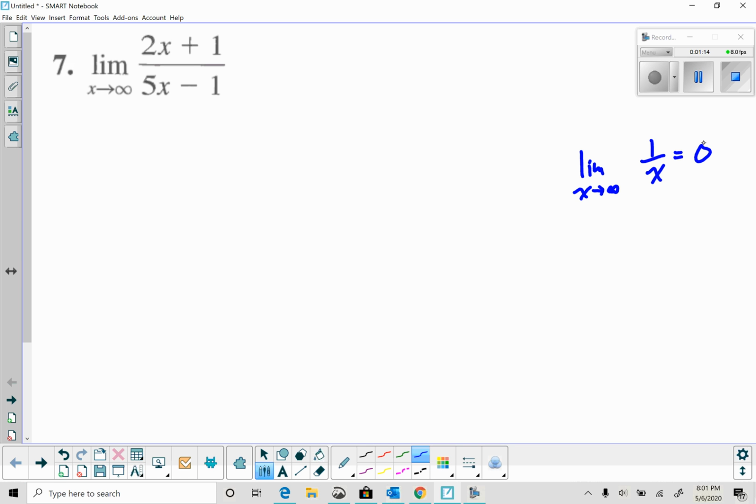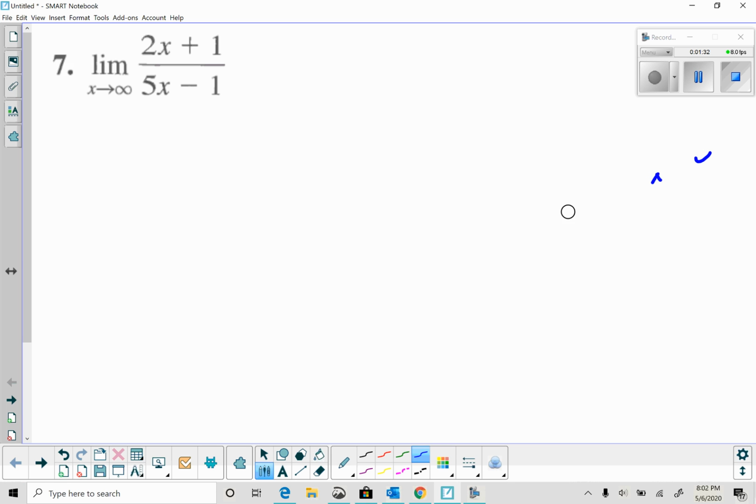Well, gee, 5x minus 1, that's not a very fun denominator. What happens if we took all four of the individual terms and divide by the highest degree?